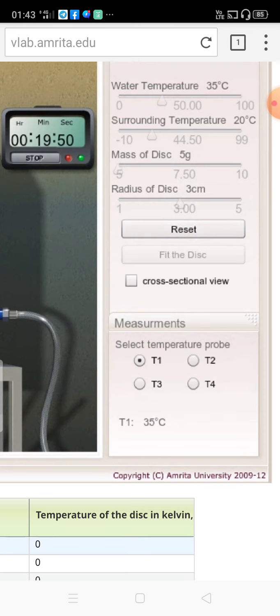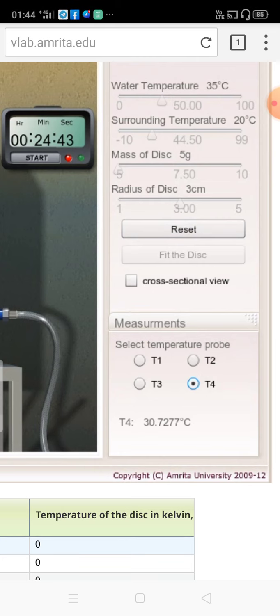Then I press the stop button. Stopped. Then I show what T2 is. It is 35. What is T3? It is 35. What is T4? 30.72. So you notice these values are changing. If the time is more, the water will be heating more, and definitely the T4 value will change.